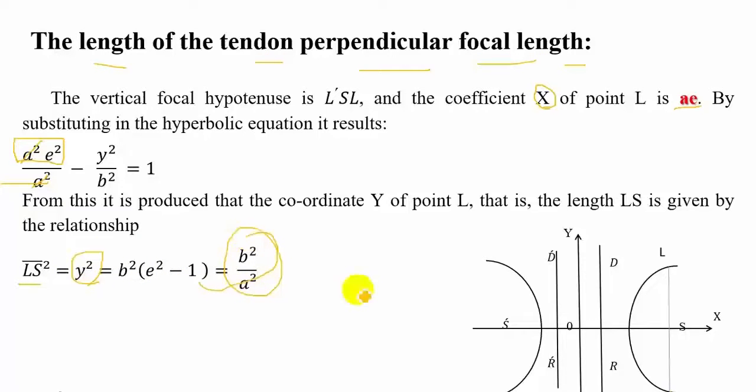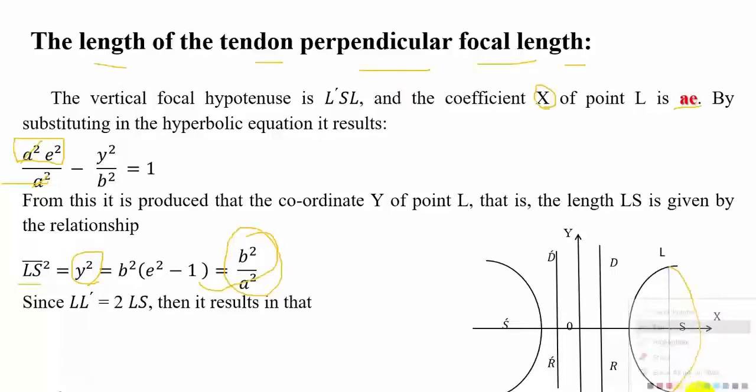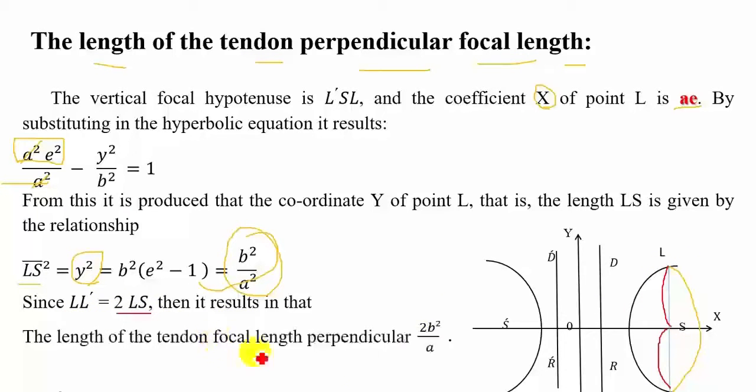Of course, if we see LL dash, that means 2 LS, it equals this part plus this part, two of them, so it will be like this, right? Once we have it like this, this small one has b square over a, so that will be 2b square over a.